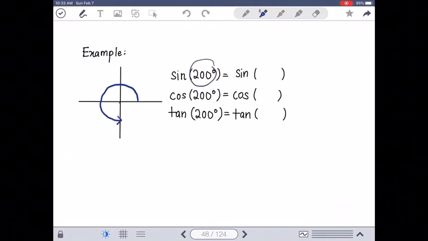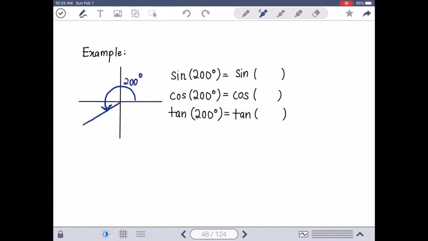But we need 200, so probably your graph will look something like this. So this is 90, 180, and 200 degrees.